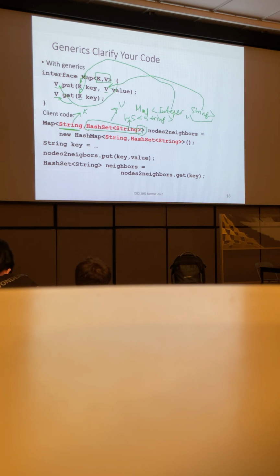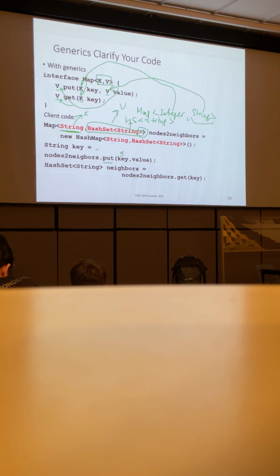This put, instead of just taking an Object, takes exactly K and V. So it takes exactly a String and a HashSet of Strings. So if you attempt, instead of giving this put a key which is a String, to give it a 5, the code would not compile. And you actually want that. You want your code to fail compilation because compilation errors are easy to fix. Runtime errors are a lot harder to fix.